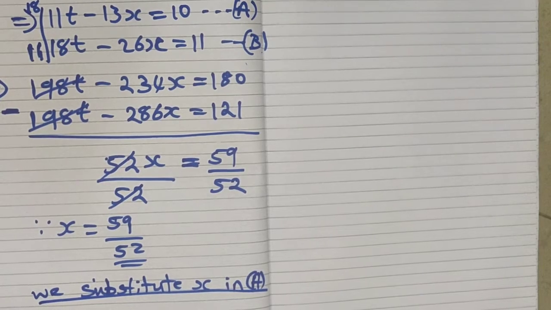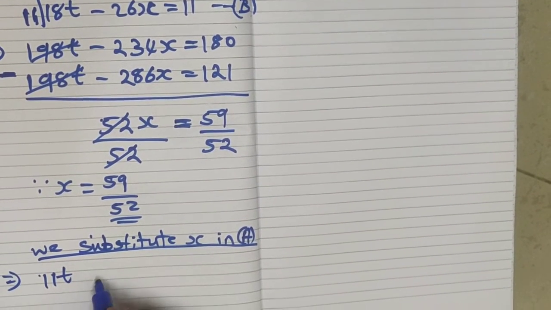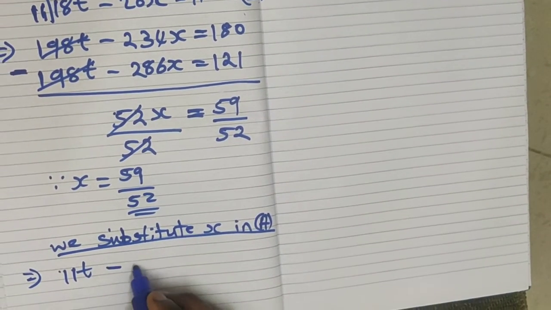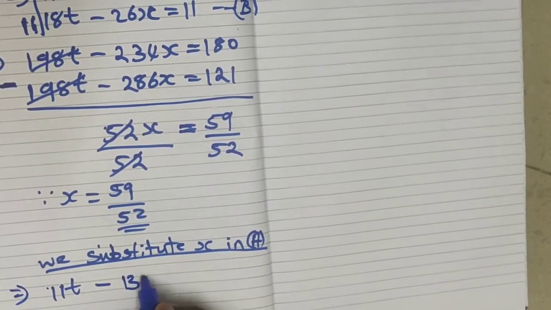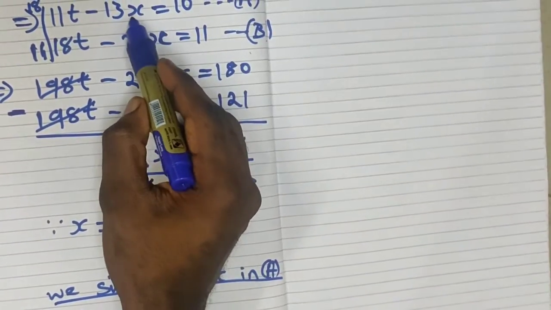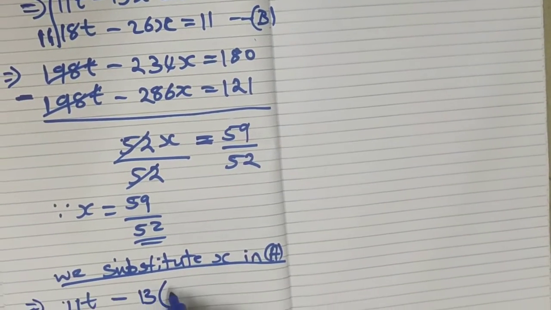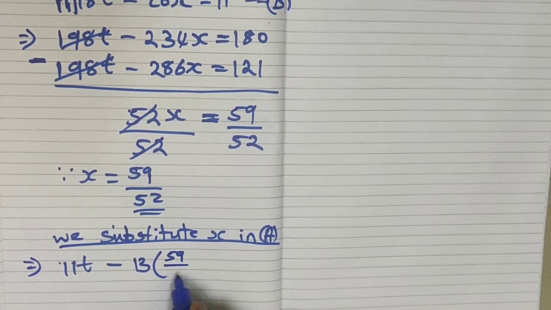So we're going to have 11t minus 13 into, we are substituting x into A, so x is what? x is 59 on 52.